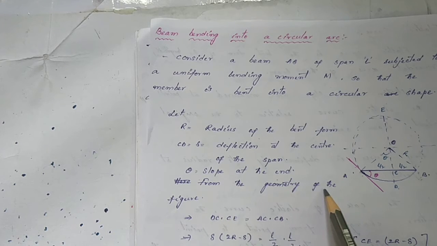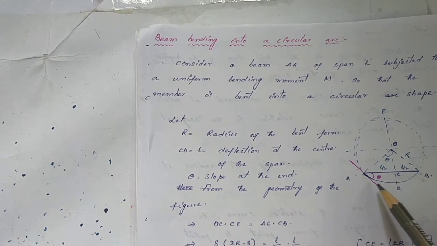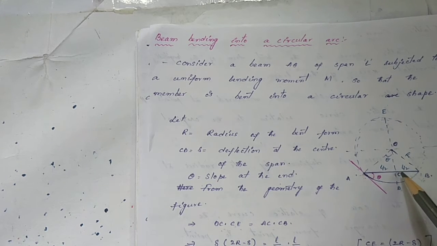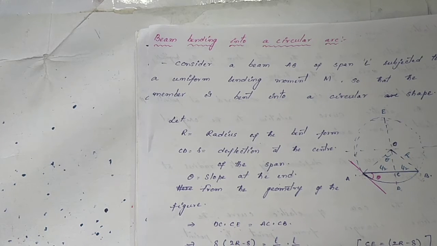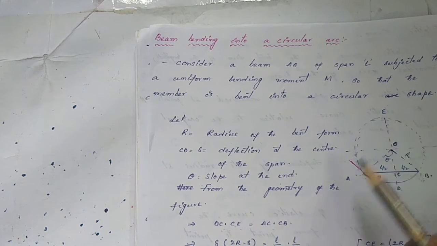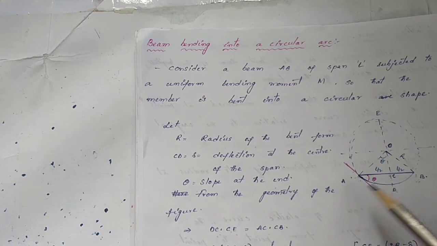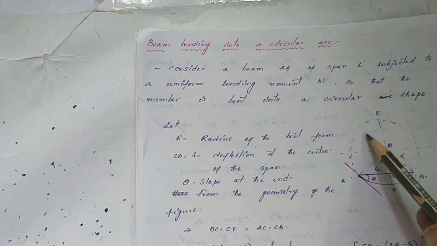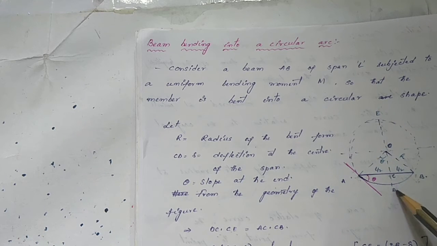From the geometry, DC into CE can be written as AC into CB. We know that CD is delta, and CE can be written as 2R minus delta. 2R means O to E and O to D, which is R plus R, so CE is 2R minus CD.